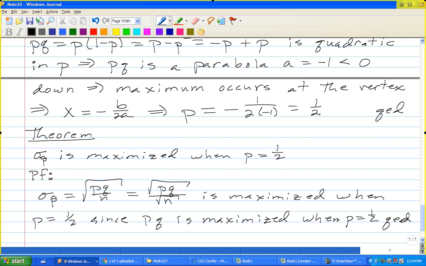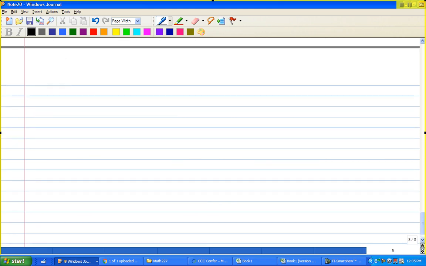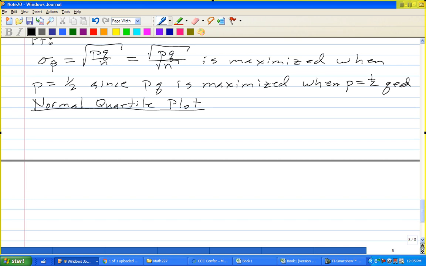Lastly, let me just say something about the normal quantile plot. So this is a way to visually look to see if a particular distribution is actually normally distributed. Okay, so suppose we have some data.